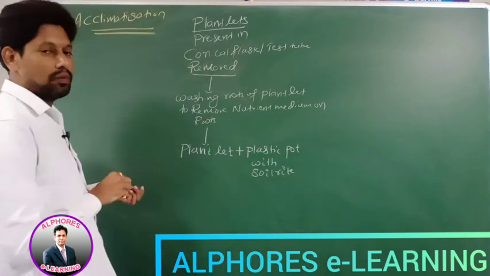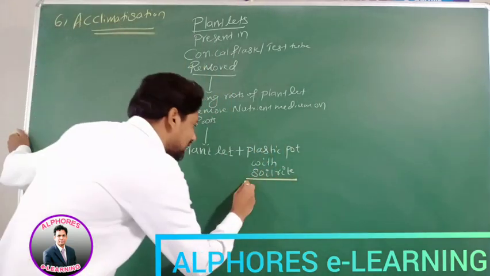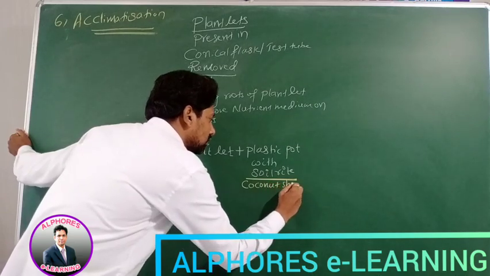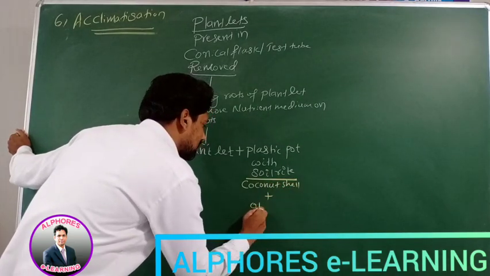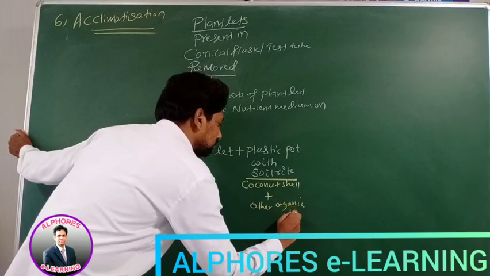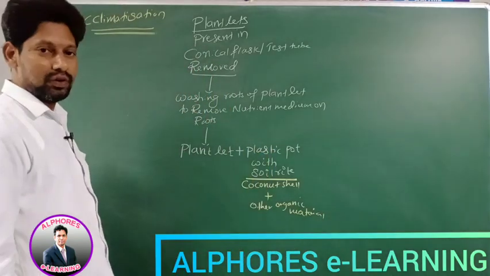What is that plastic pot having? Soil rite. What is the meaning of soil rite? Soil rite means nothing but coconut shell plus other organic matter or other organic material. Is this statement okay?